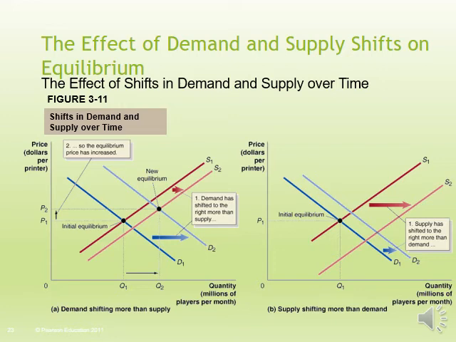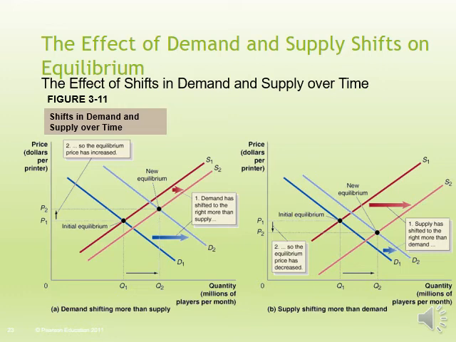What's going to happen? Well, we know that the quantity consumed will go up because they've both shifted right, but the overall equilibrium price has decreased.